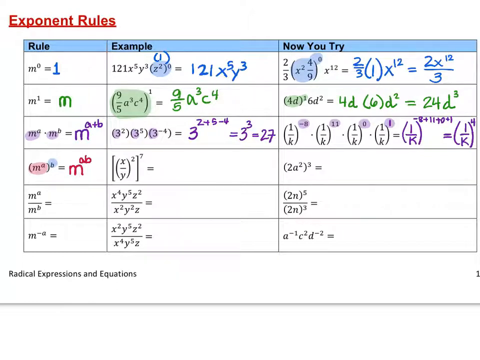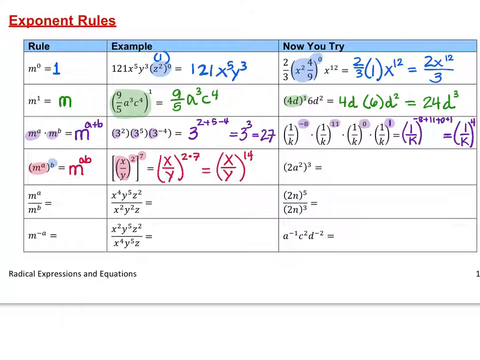In the example, we've got x over y, which is being squared, raised to the 2 power. And then we raise that whole number to the 7th power, which means we're going to have the same base, x over y, but it's going to have an exponent of 14, 2 times 7. So x over y to the 14th power.